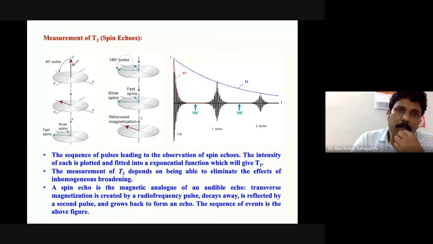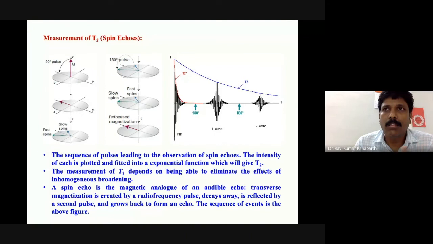Similarly, two radio frequencies can also be combined together, where we can observe an echo. In this technique, normally we have the net magnetization vector in the original position, pointing along the z direction. You apply a 90-degree pulse and let it rotate in the xy plane.